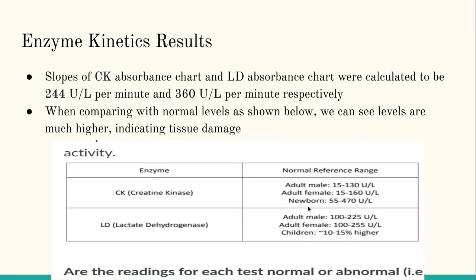Now the slopes of the creatine kinase absorbance chart and lactate dehydrogenase absorbance chart were calculated to be 244 U per L and 360 U per L per minute respectively. When comparing with the normal levels as shown in this table, we can see that the levels are much higher, indicating that there is tissue damage somewhere in the body.